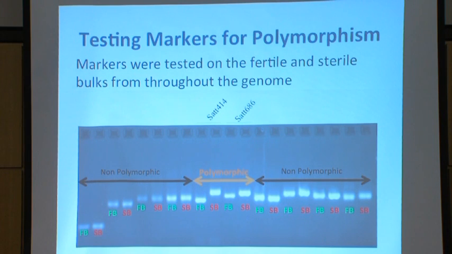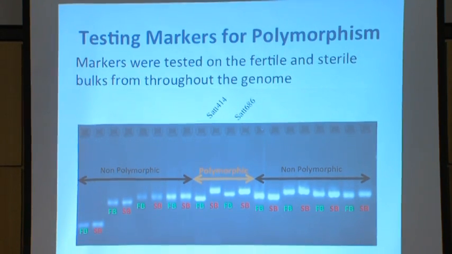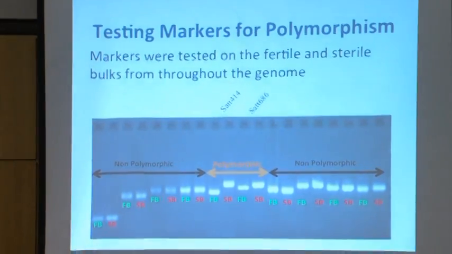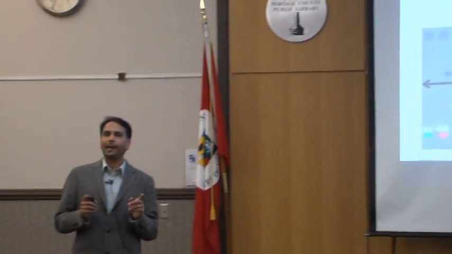When you use these markers, every single region in the genome of fertile and sterile should be the same, except for the region where you have the fertility gene, which is going to be different in the fertile bulk. Where you have the sterility gene, it's going to be different in that bulk. Everywhere else, it's going to be the same.